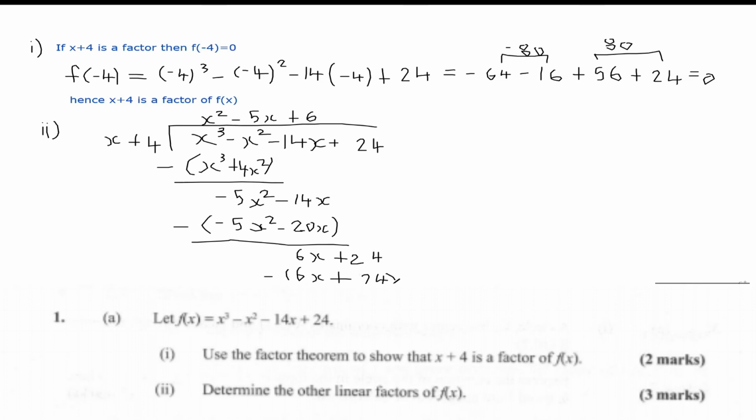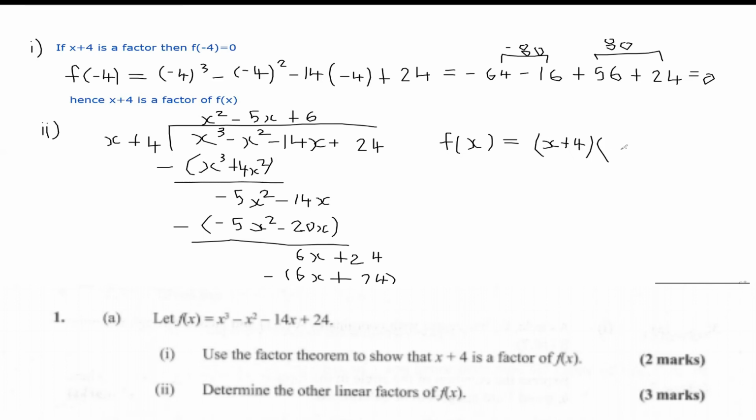Good. So pretty much we can rewrite now f of x as the product of x plus 4 times x squared minus 5x plus 6. So f of x can be written as x plus 4 times x squared minus 5x plus 6.